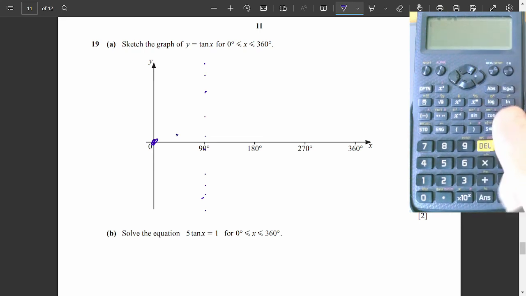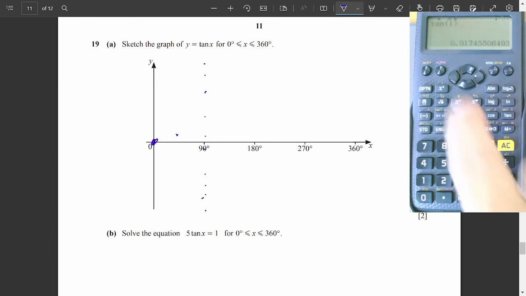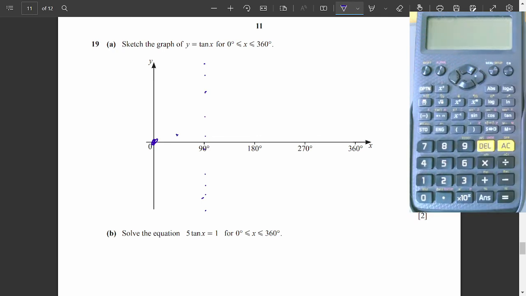Let's see, if we do 1 degree, we get a very small value. If we go close to 90, we do tan 89, we get a very big value. So by now you must have remembered that a tan graph looks something like this, where it approaches the asymptote but never touches. So don't cross that 90 degree line.